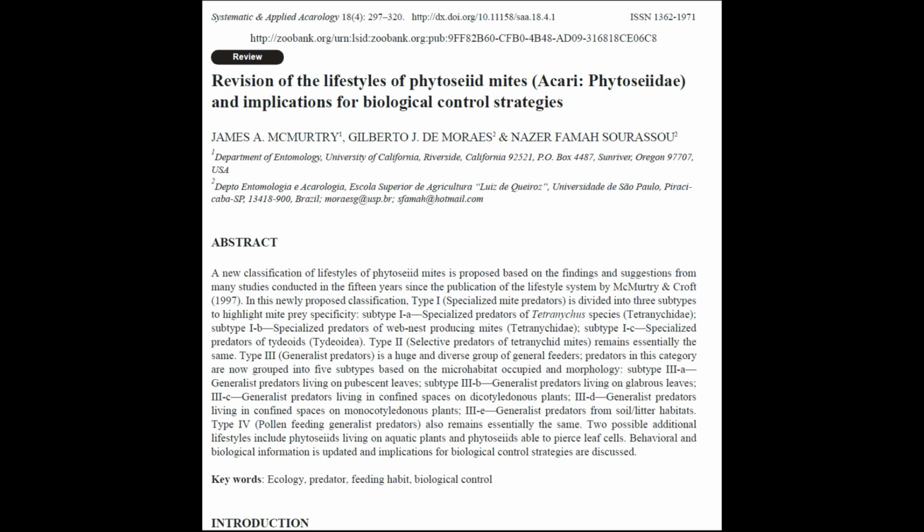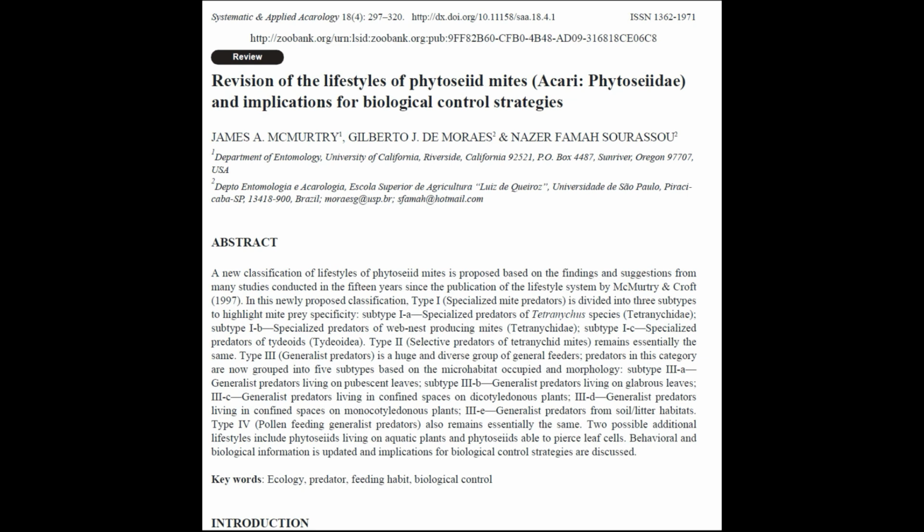But if you are looking for a sort of broad spectrum protective group, you might supplement that with a Type 4 mite, depending on your environment. And Type 3 mites are generalist predators as well, but they have been divided into subtypes that essentially mean they might be able to be on smooth or hairy or different kinds of habitats.